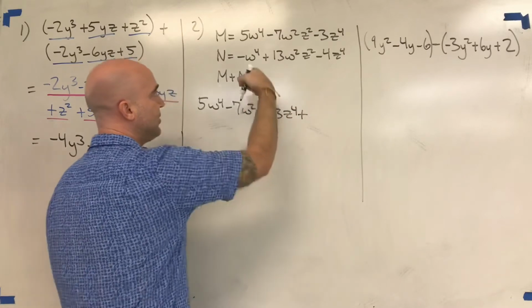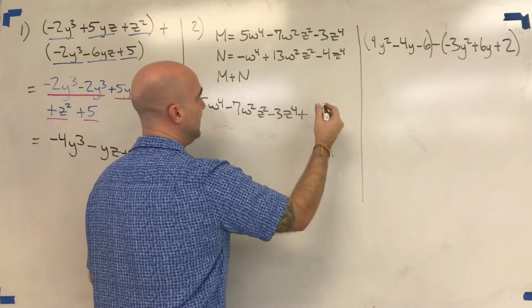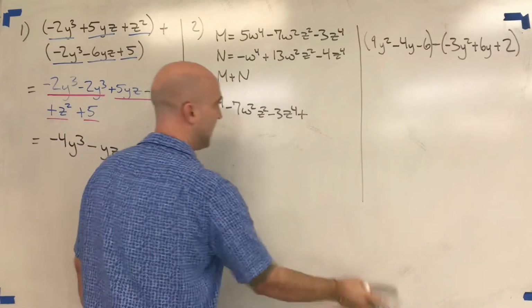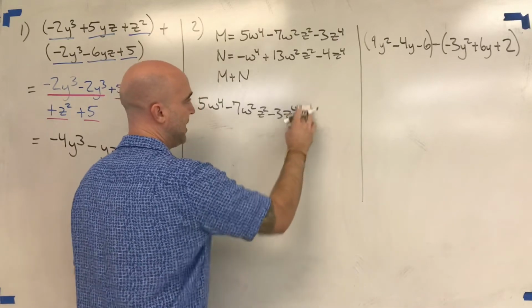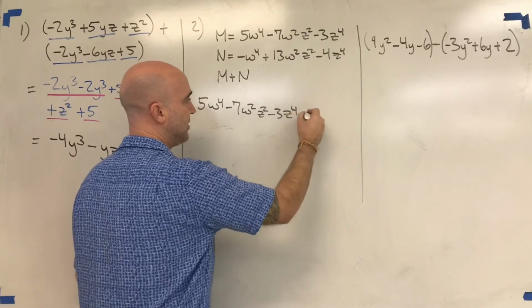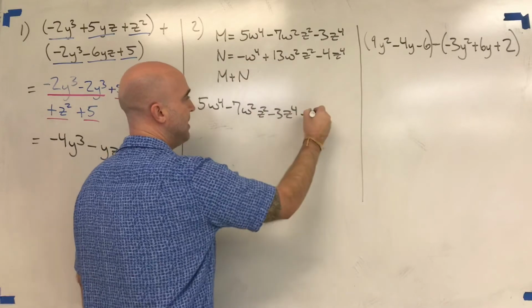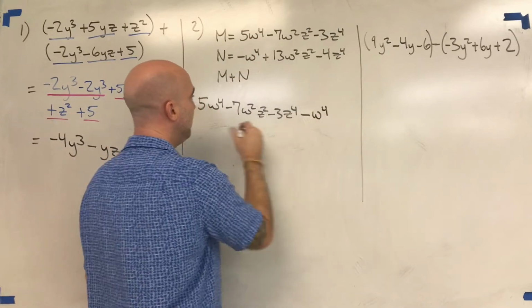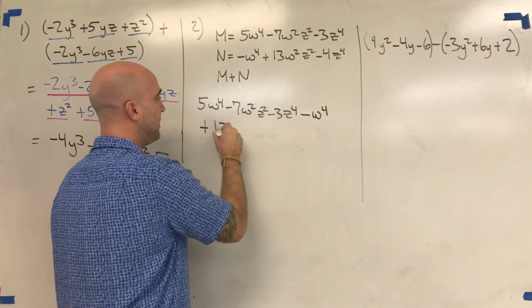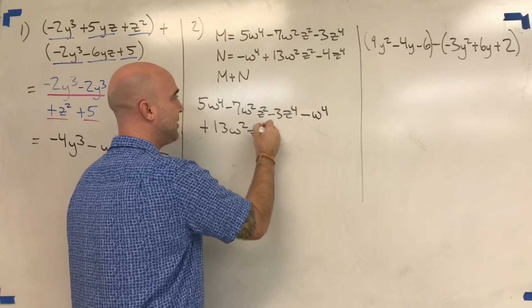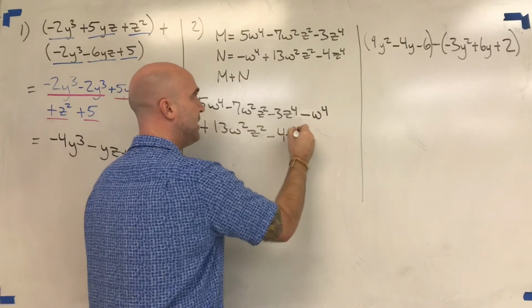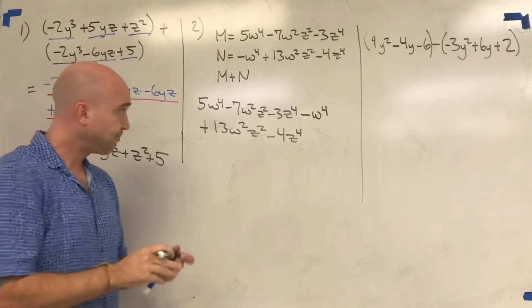I'm adding it to the next one, and I'm going to get rid of that plus sign, because a plus and a minus make a minus. That's that. Minus w to the 4th plus 13w squared z squared minus 4z to the 4th.